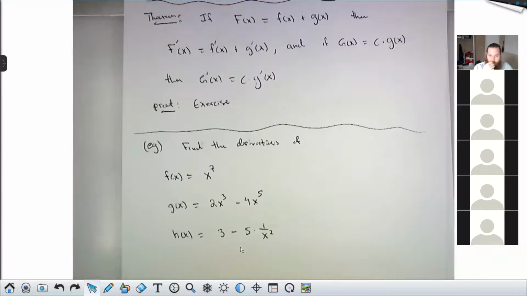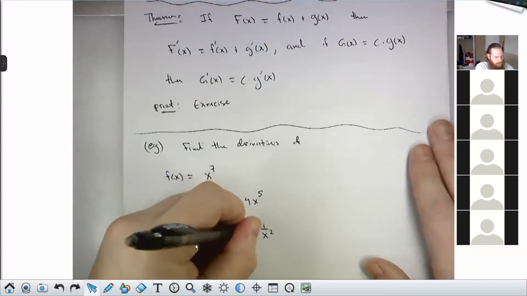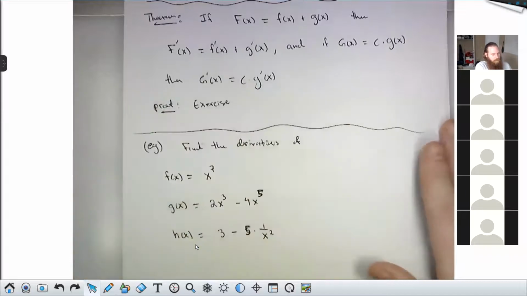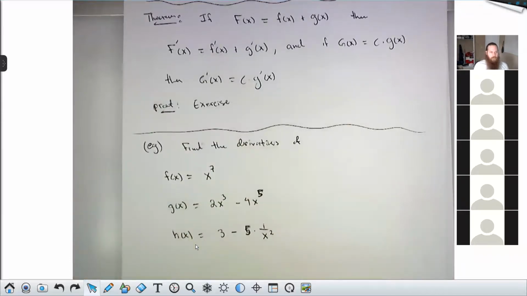We have our power rule now. So I know how to differentiate power functions. And what the theorem above here is telling you is that derivatives split up nicely over addition and constant multiplication. This is a 5. Yeah, this is also a 5. No S's, all 5s. Okay.